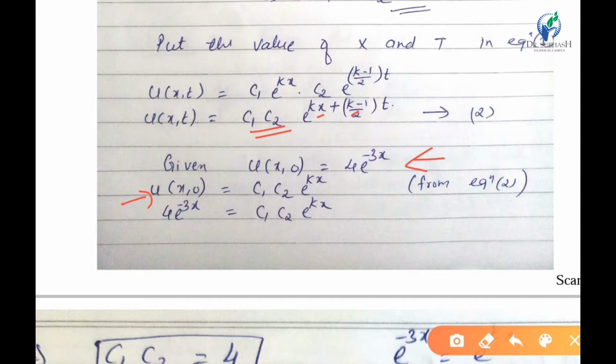Now it is given that u of x 0 is equal to 4 e raised to minus 3x. Now we will compare both the sides. First we compare the constant and then we will compare the exponential powers.